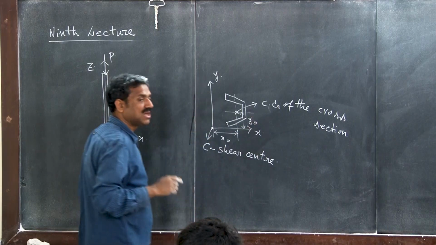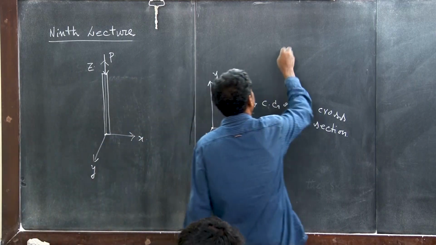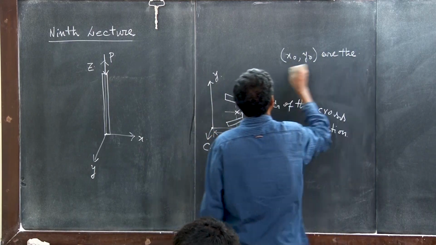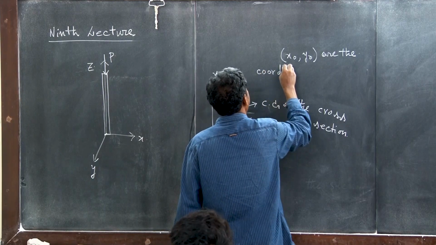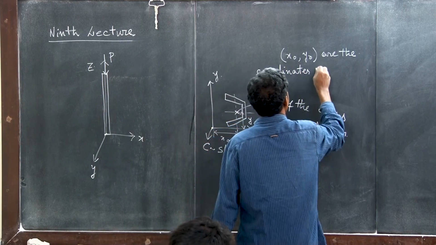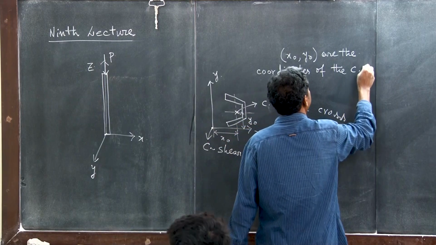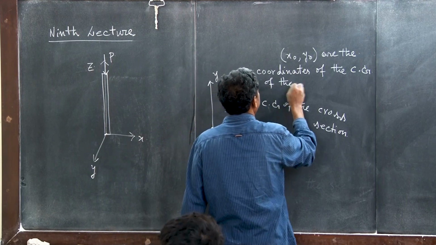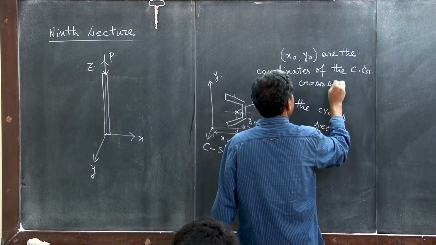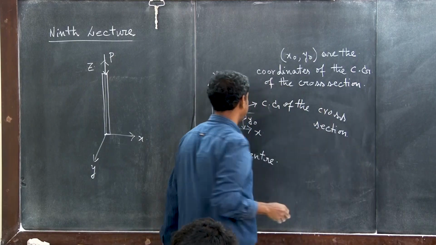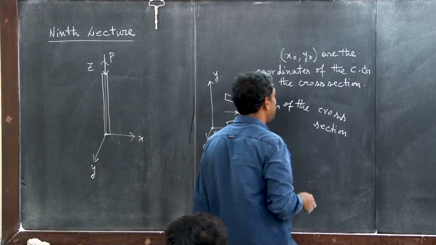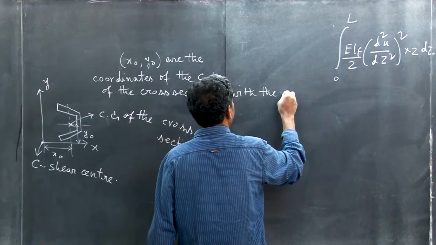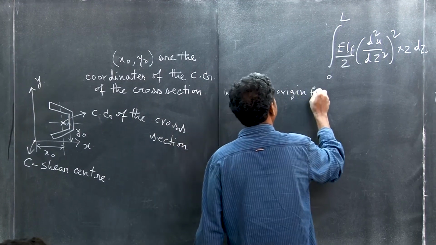So, x 0 and y 0 are the coordinates of the CG of the cross section, with the origin fixed at the shear center.